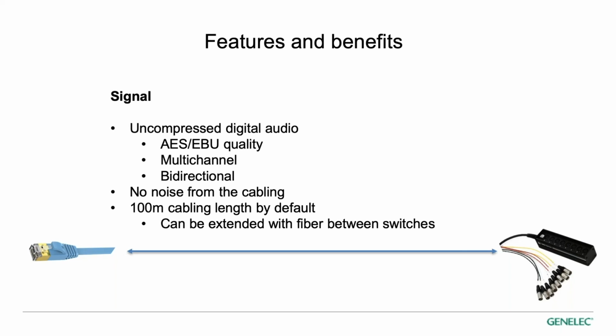So the immunity for different interferences is very good. By default, this kind of network cabling can be 100 meters long, or you can even extend that by using optic fibers between switches. So the typical limitations of cabling lengths are easily overcome with this kind of network cabling.